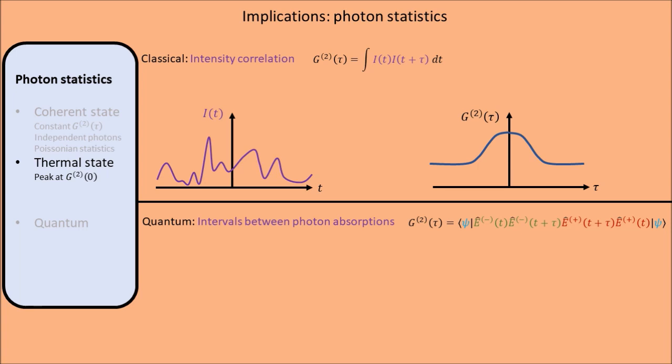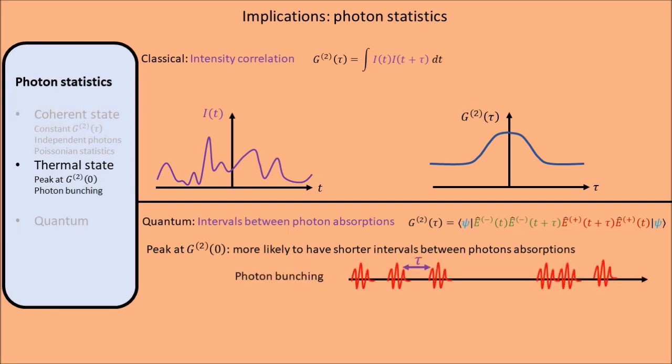How would we interpret this plot quantum mechanically? Quantum mechanically, G2 of tau represents the probability to observe a certain time interval tau between two photon detections. So if G2 peaks around tau equals 0, it means it is more likely to observe short intervals between photon detections than long intervals. So photons tend to bunch together, and indeed this phenomenon is called photon bunching.